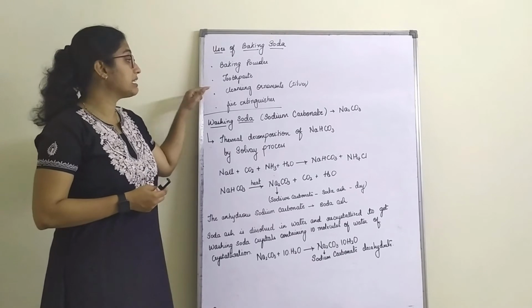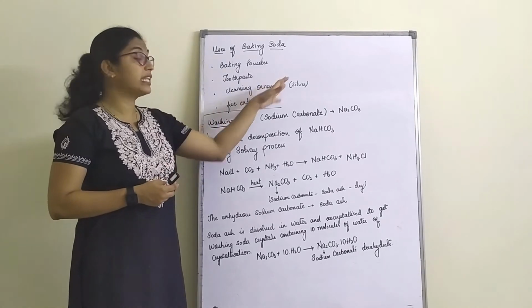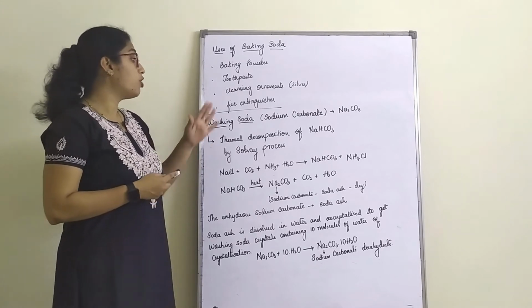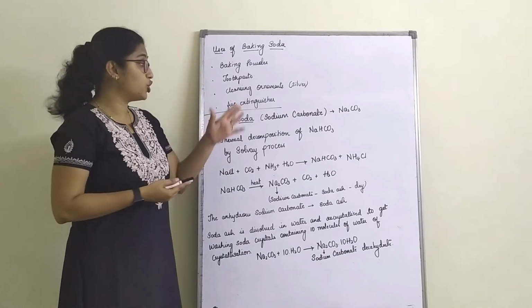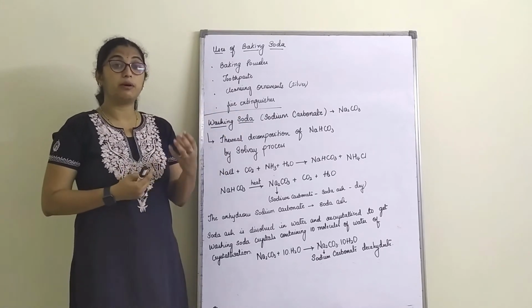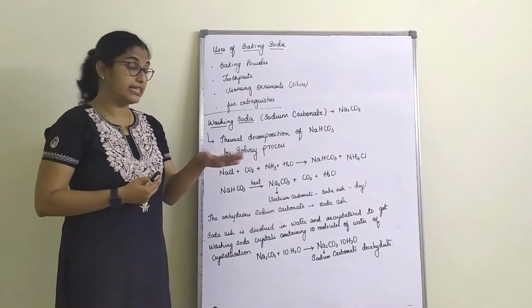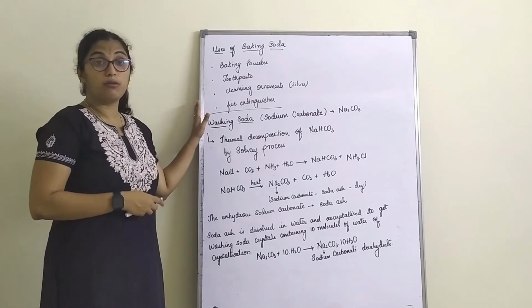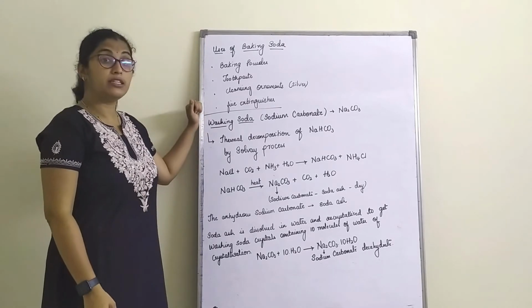It is used as a cleansing agent for ornaments. We can clean silver with baking soda. It is also used in fire extinguishers. I think in 8th standard we studied about the soda fire extinguisher. Yes, it is used in making fire extinguishers. So these are the common uses of baking soda.